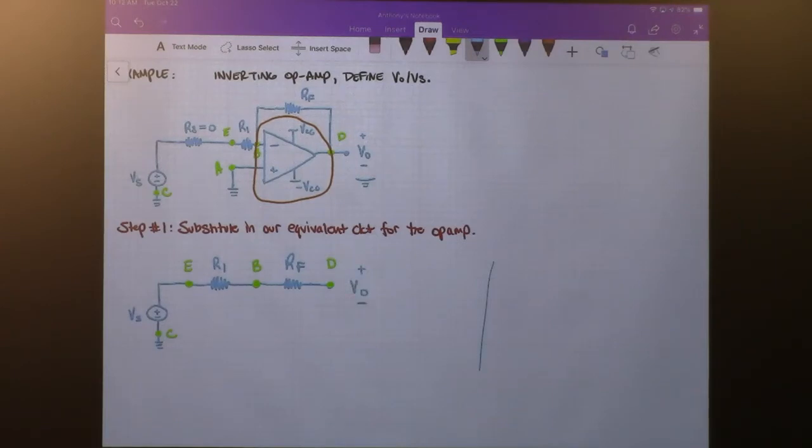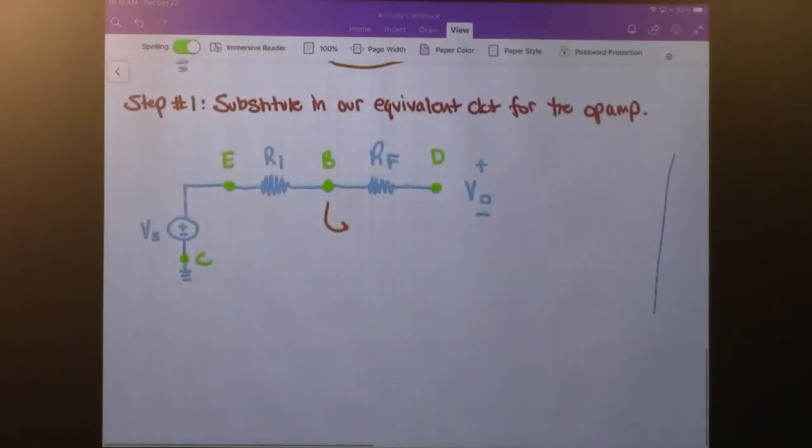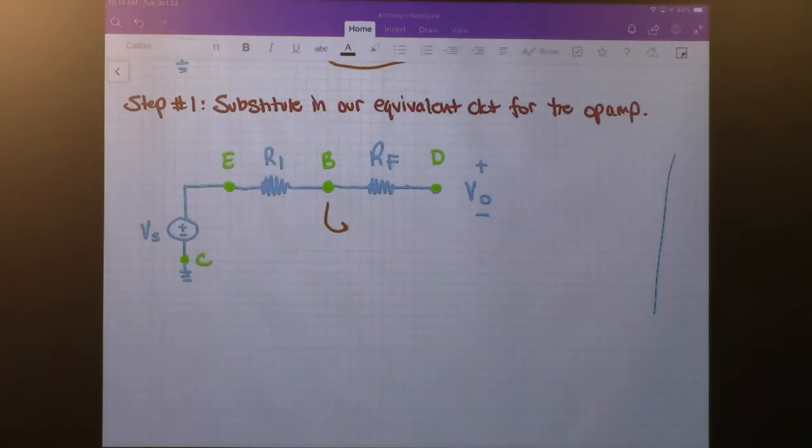But I haven't included the amplifier yet. The amplifier is connected right here, it branches off right there. So now that's where I'm going to insert the equivalent circuit. So how does the equivalent circuit look?